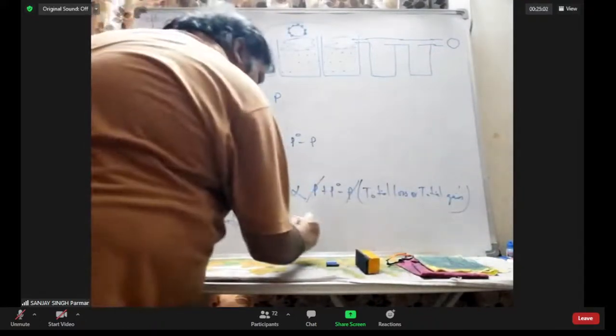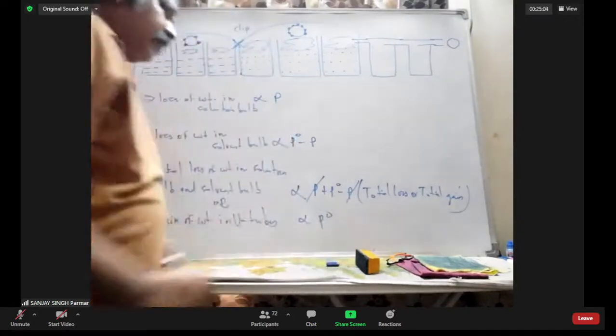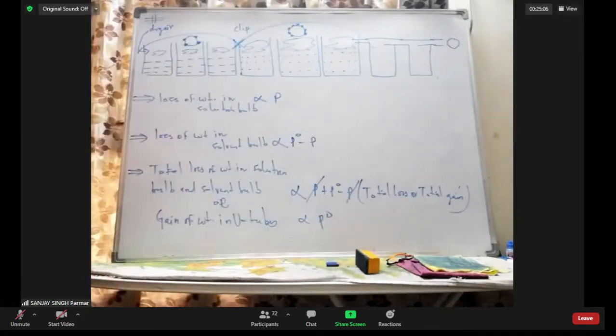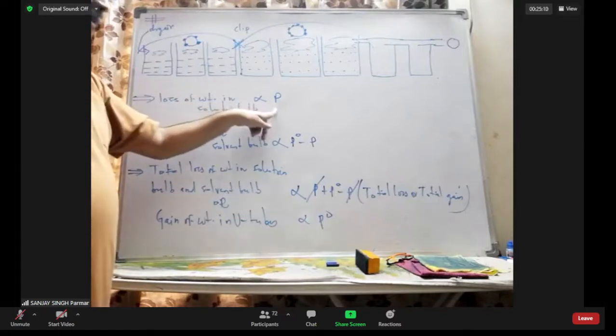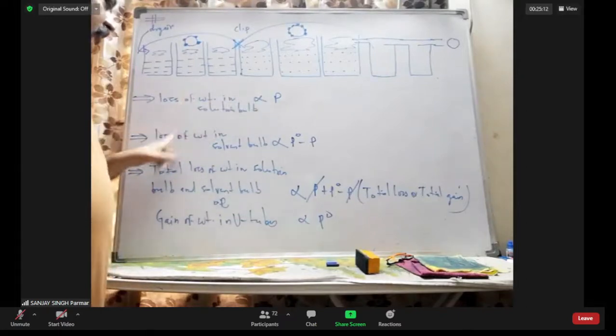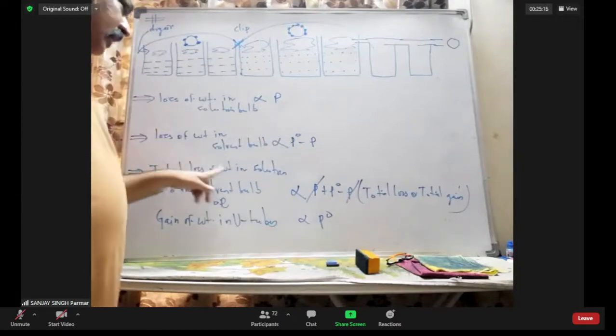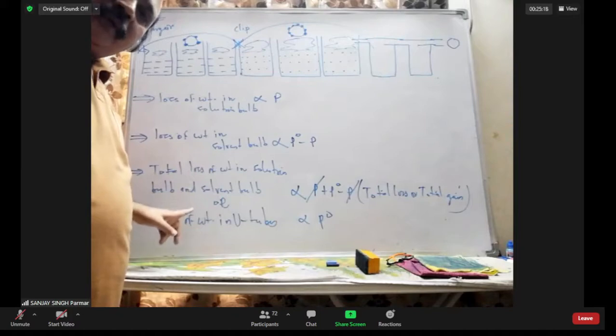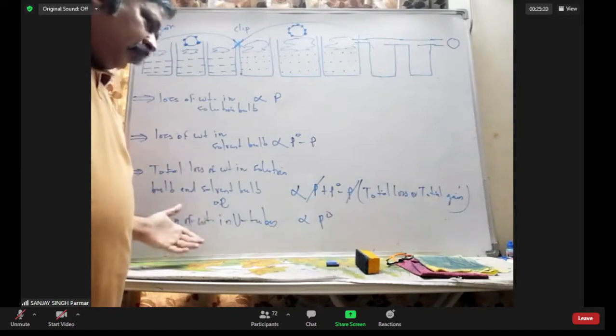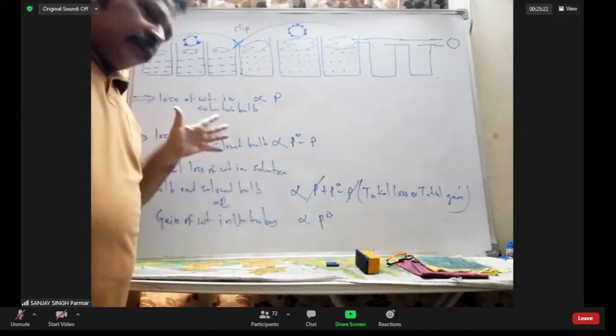So from this, it's very clear that it is proportional to P naught. So you are getting three things. Loss in the solution bulb is equal to P. Loss in the solvent bulb is equal to P naught minus P. Total loss in the solution bulb and the solvent bulb, or total gain in the U-tube, is nothing but our P naught.